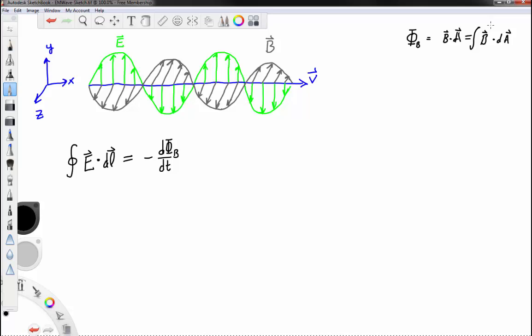So let's go ahead and pick some part of this wave through which to put a loop.